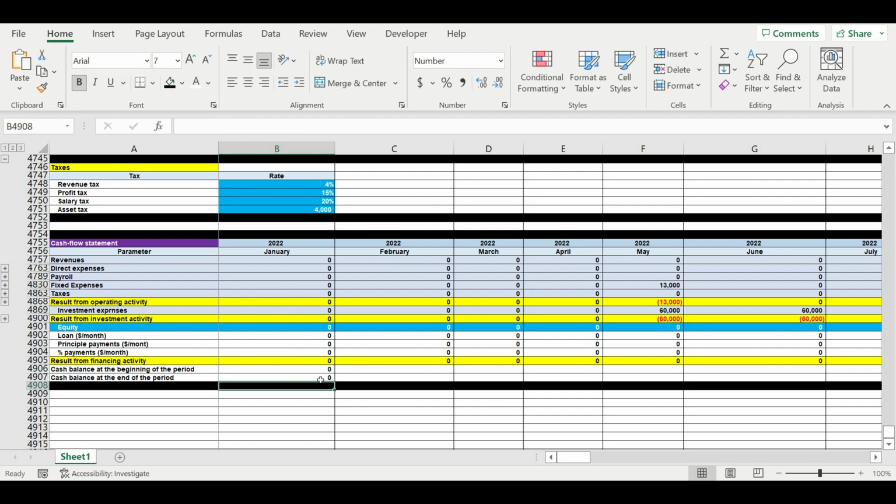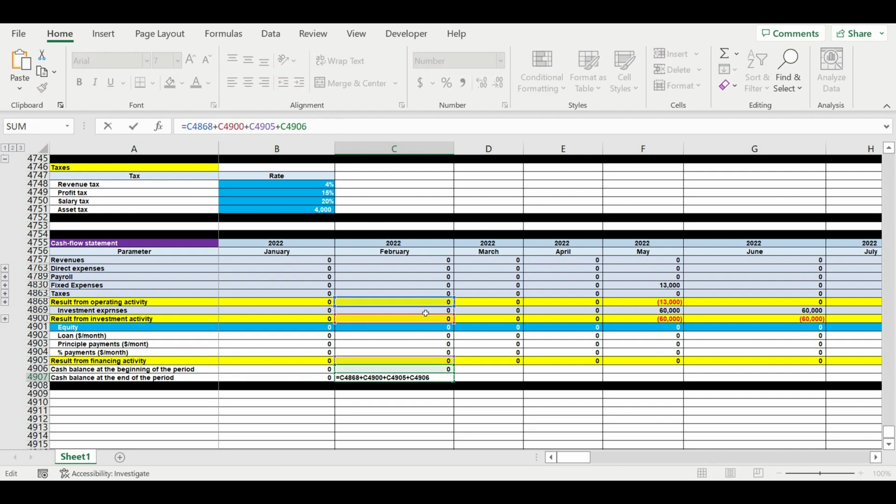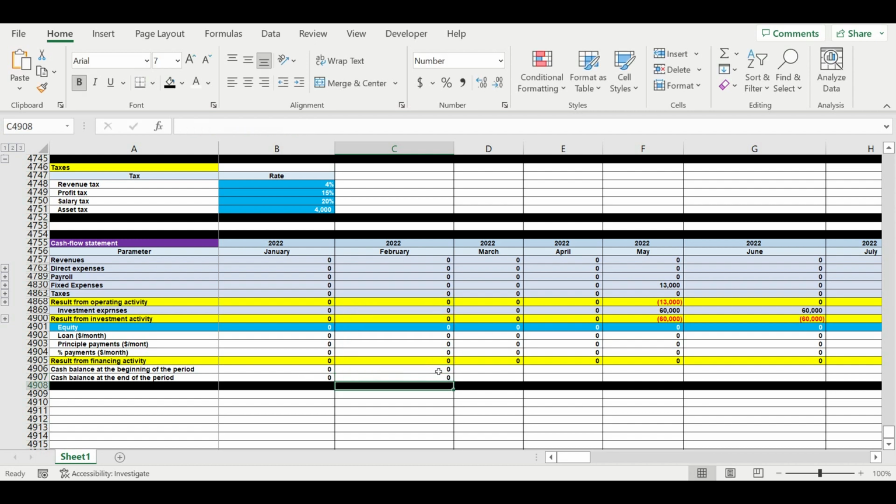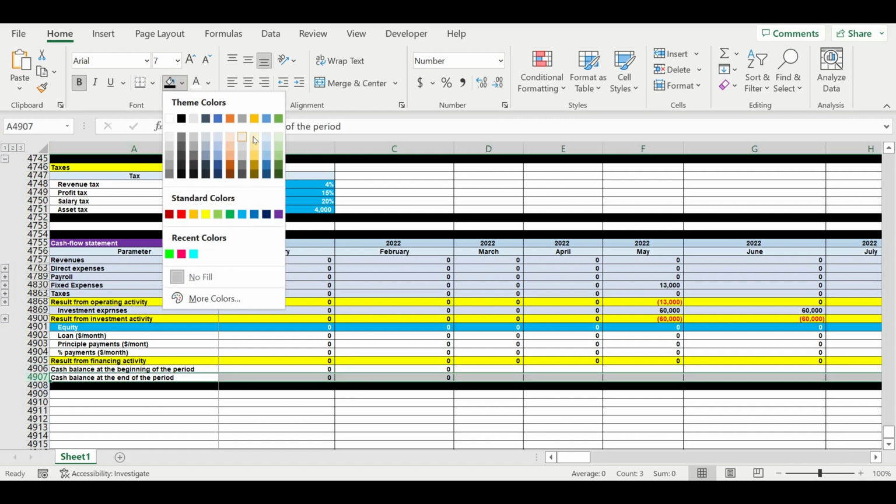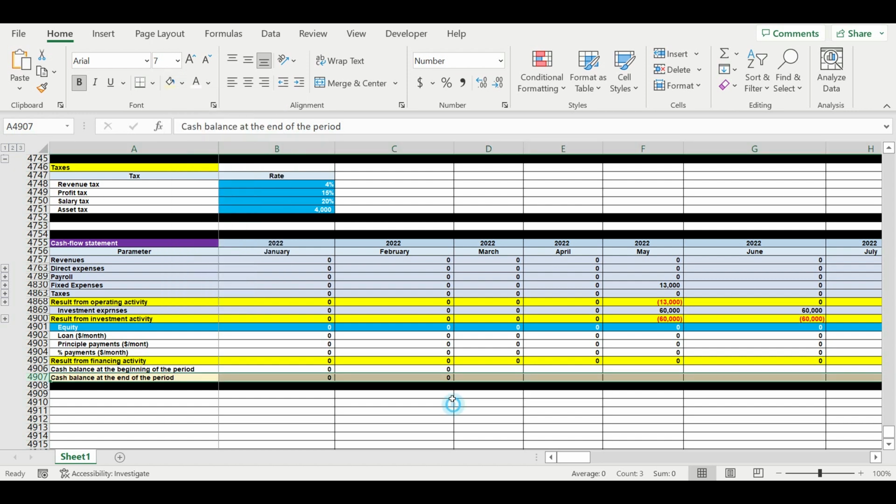Then I extrapolate this formula to the right, so it sums this plus takes the cash balance from the previous month. So we have a cumulative balance here. And now I will just have to extrapolate these two formulas to the right.